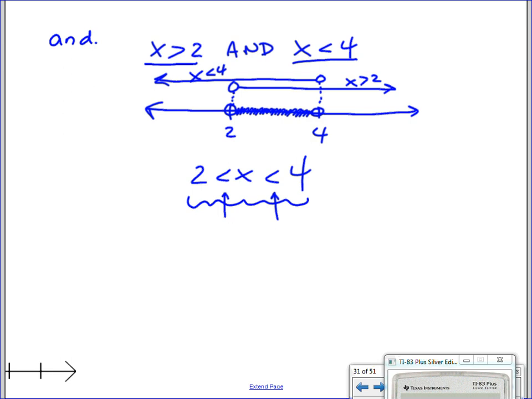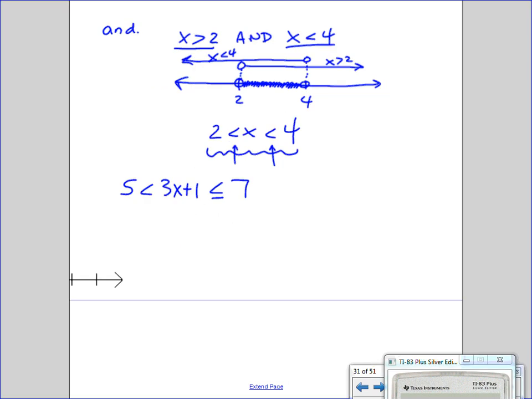If you had, for example, 5 less than 3x plus 1 less than or equal to 7, then the way you would solve that would be to write the inequality 5 is less than 3x plus 1 and 3x plus 1 is less than or equal to 7, and you would solve each one of these.